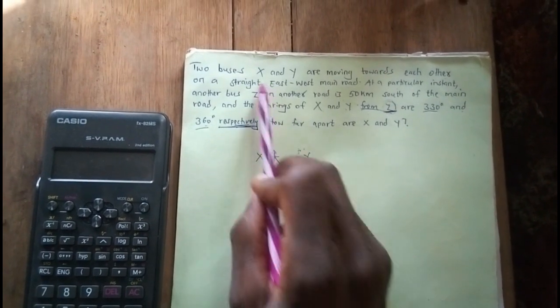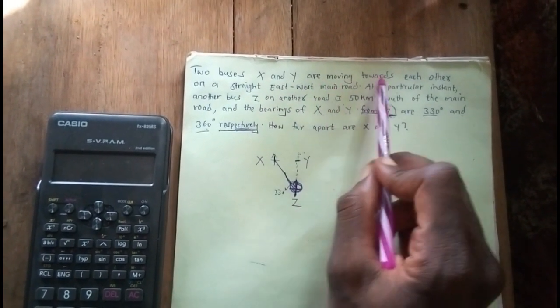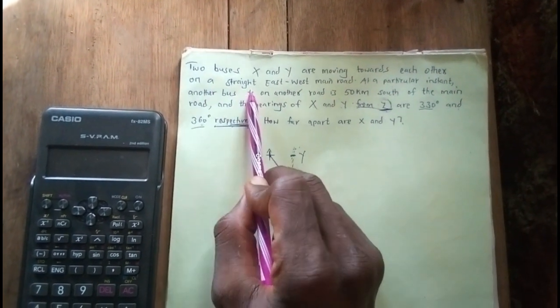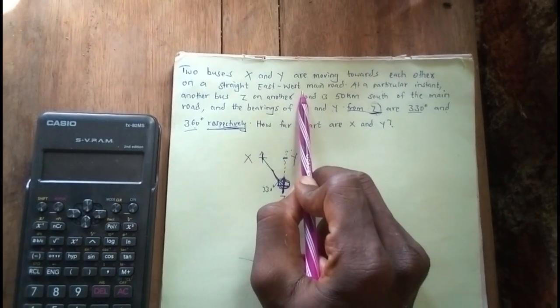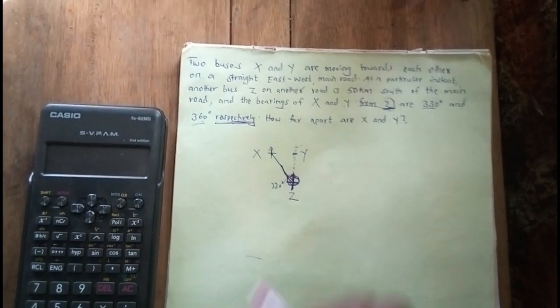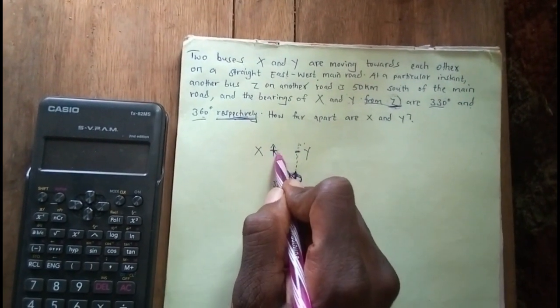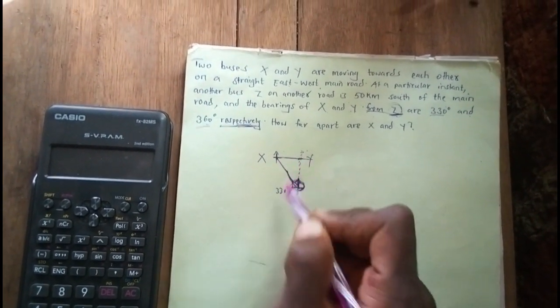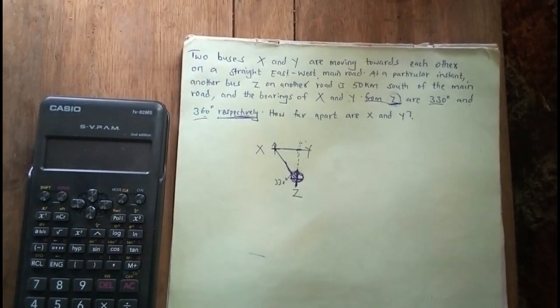But remember, X and Y are moving towards each other on a straight east-west line. So meaning that here we have a straight line.